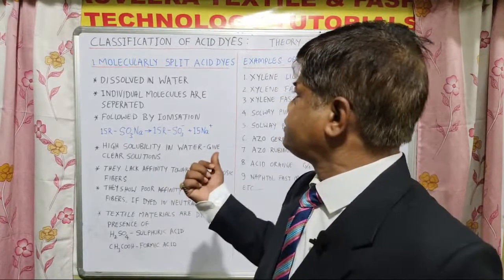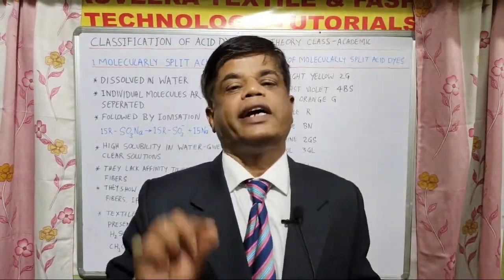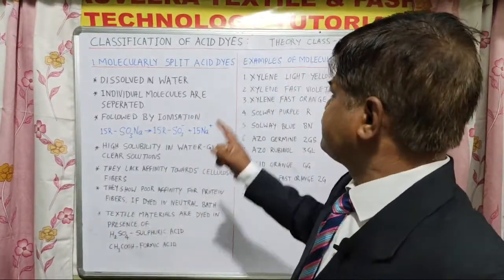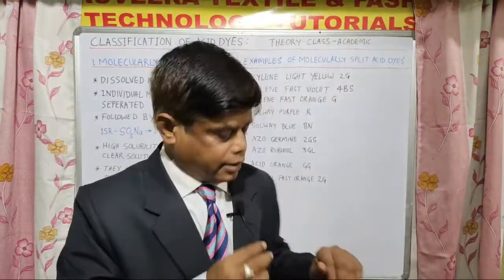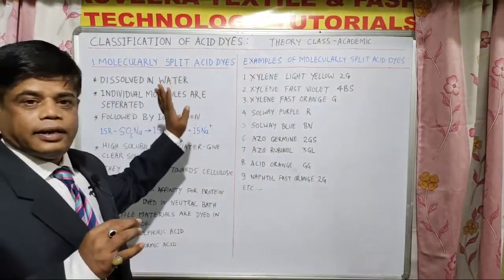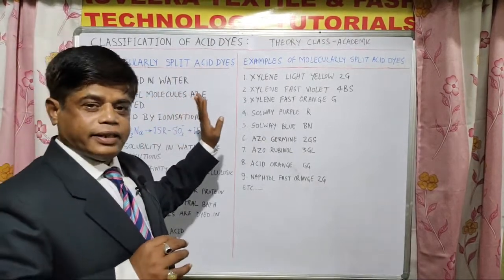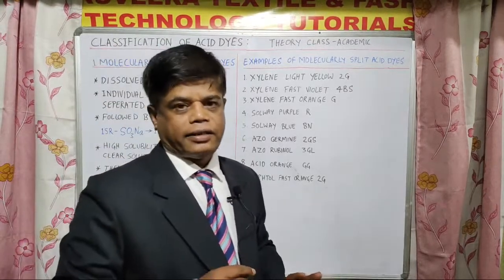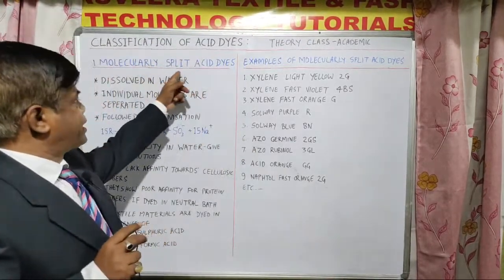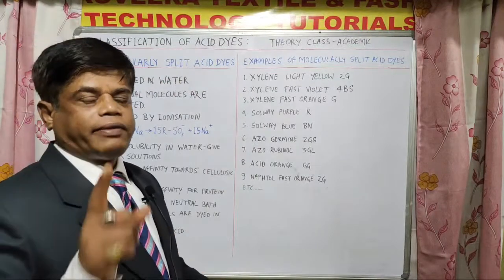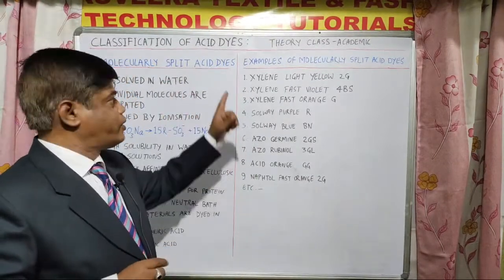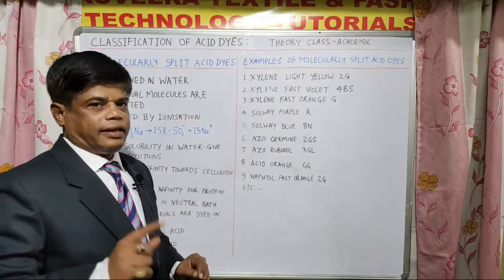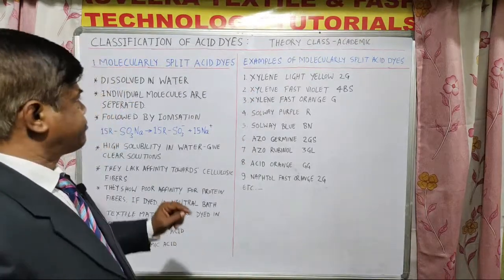This class is based on the solubility of dyes in the water. Acid dyes are classified as molecularly split acid dyes and aggregated acid dyes. I have not written about aggregated acid dyes here; I will take that next class.